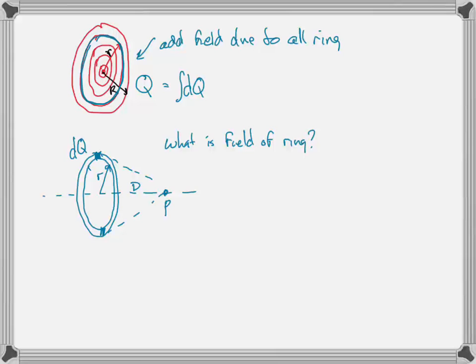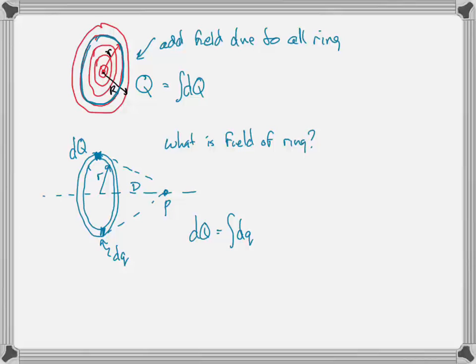But each ring's dq is going to be broken up into point charges, which I guess we'll just call the point charge little dq, such that big dq equals the sum of all the little dq's. So when we add up all those point charges, and add up all the rings for the whole disk, we end up getting big Q.